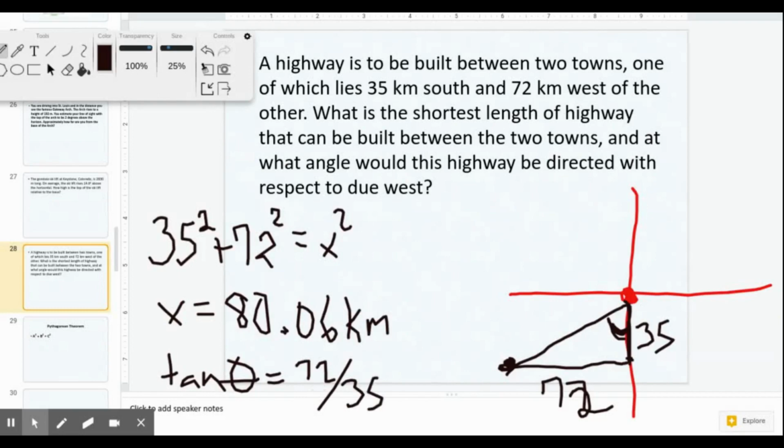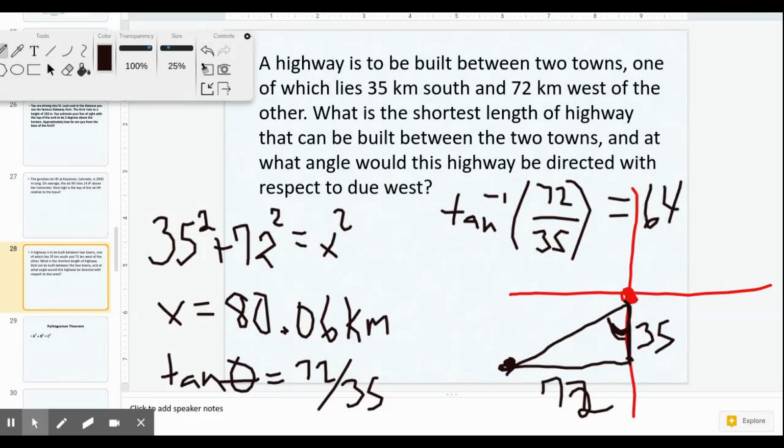So on your calculator, you'll do inverse tangent of 72 over 35. And I get an angle of 64.08 degrees. And that would answer what angle we would need there.